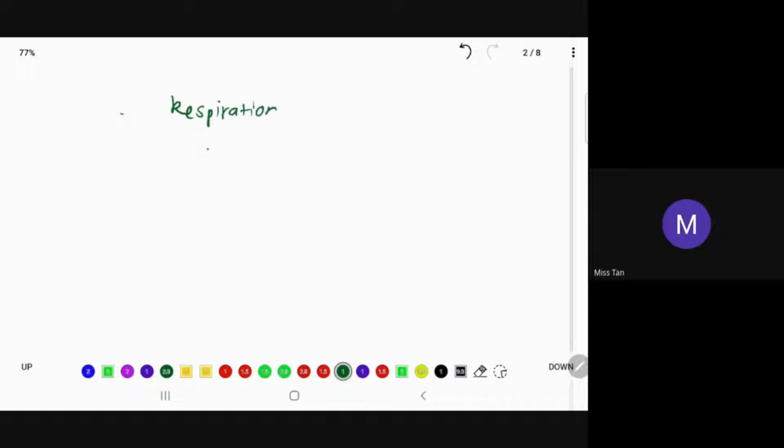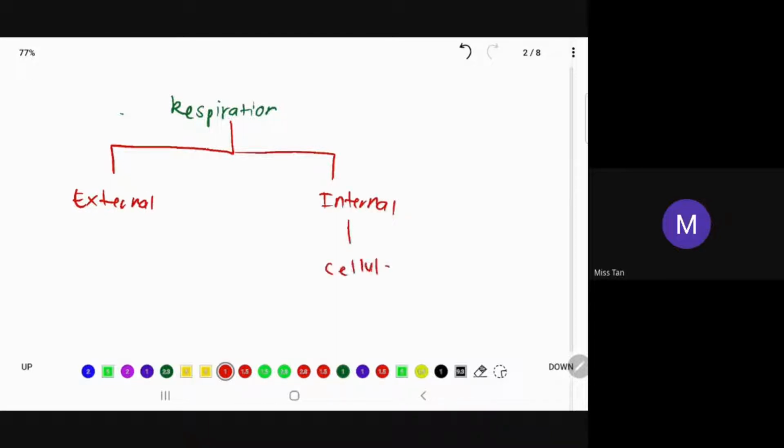It's divided into two processes. One is called glycolysis. Okay, what is glycolysis? Breaking down glucose into pyruvate.